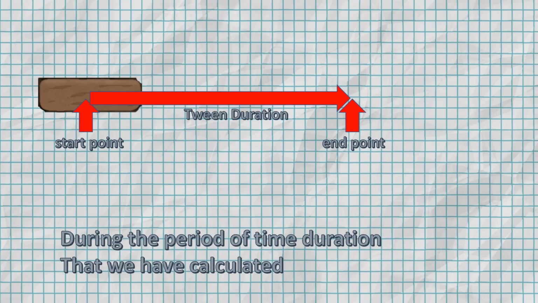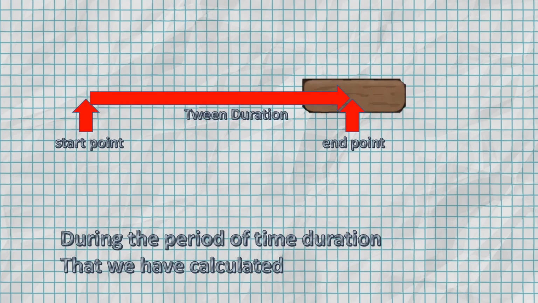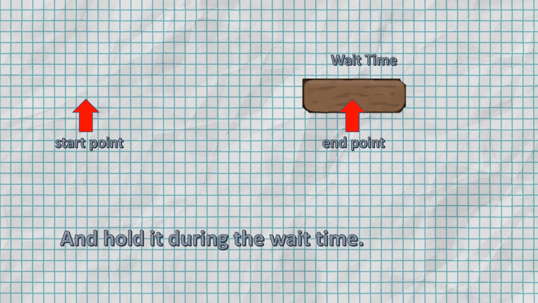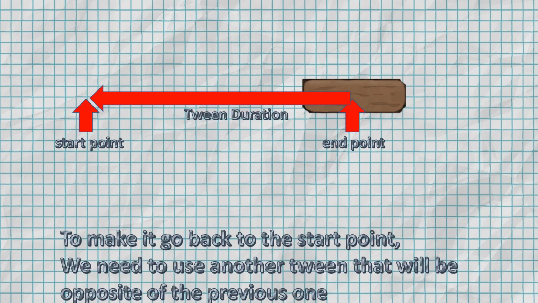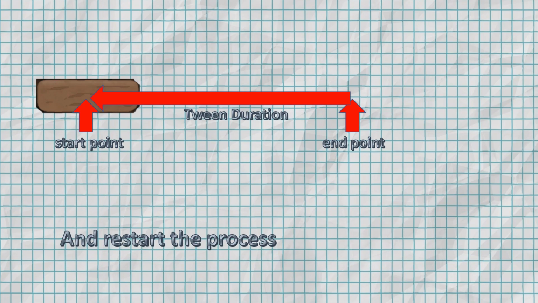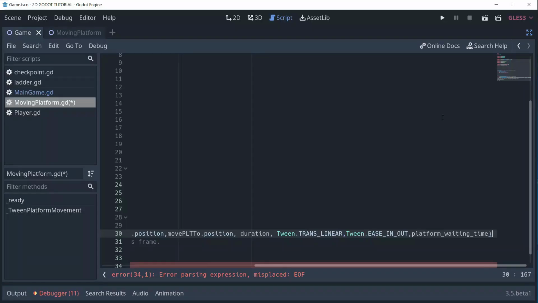So, if we want the platform to go back in the opposite direction, we need to do a new tween that will start on the ending point and conclude on the start point. For that, let's copy the current instruction and let's invert the start and end positions.